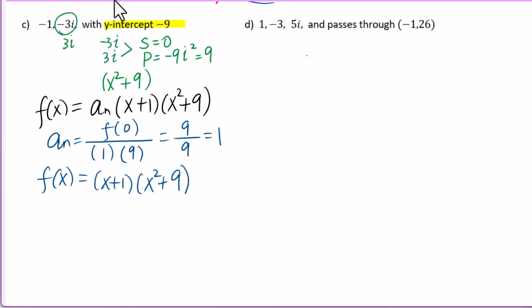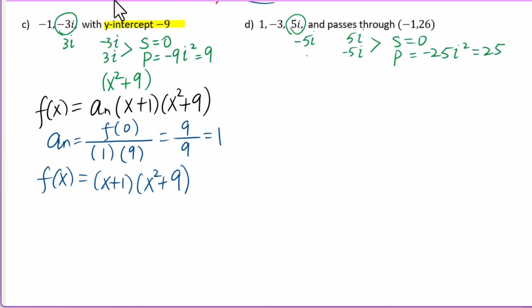Let's go to D. Based on the conjugate root theorem, negative 5i is also a root. With 5i and negative 5i, the sum equals 0. The product equals negative 25 i squared, which equals 25.